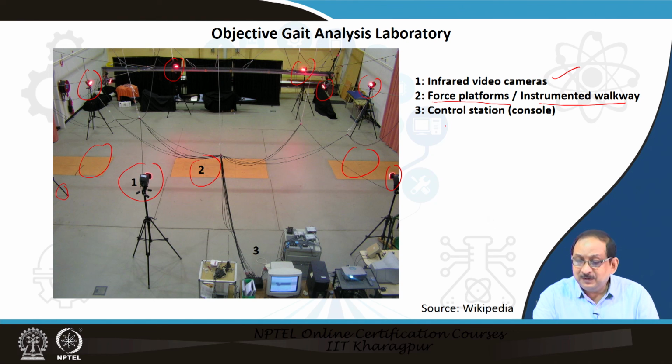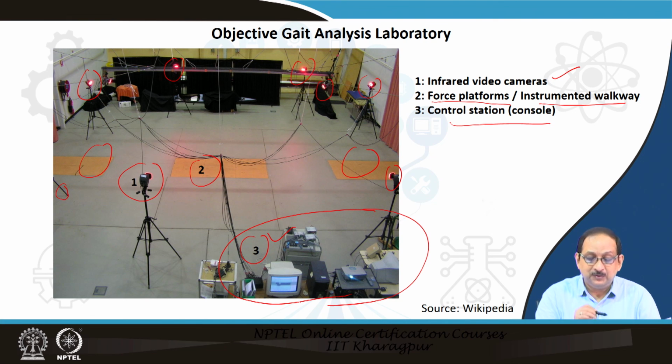It also has a control station or console. This is the console unit or the control station, which is recording all the information from the gait analysis. So the gait laboratory, equipped with multiple force platforms and multiple infrared motion capture cameras, is shown in this figure.